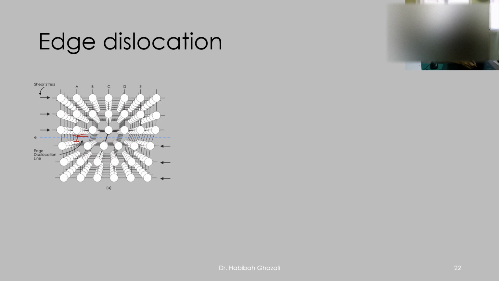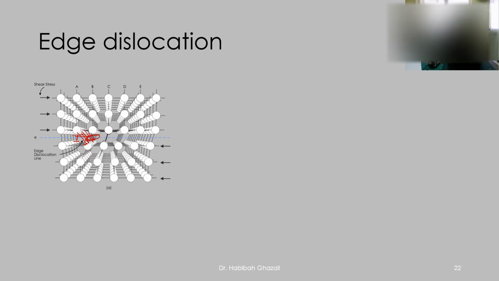So when we apply an external force, these bonds will break, and the atoms at the edge dislocation will now form a bond with this one. That's how it moves.